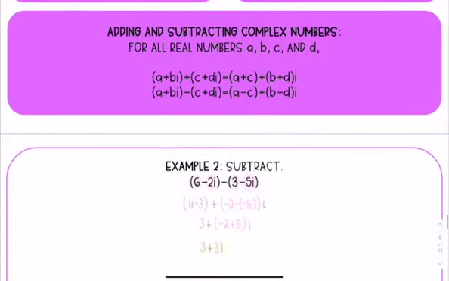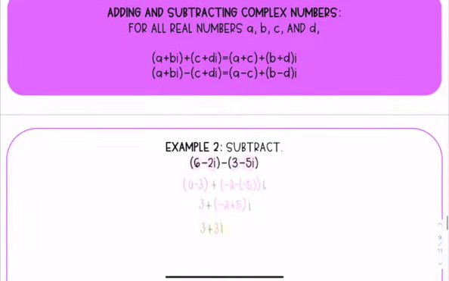So let's go ahead and look at example number 2. We have (6 minus 2i) minus (3 minus 5i). And so using the definition above, we're going to subtract the real parts. So we have our 6 and our 3, which is the real piece. And then the -2i and the -5i are the imaginary piece.